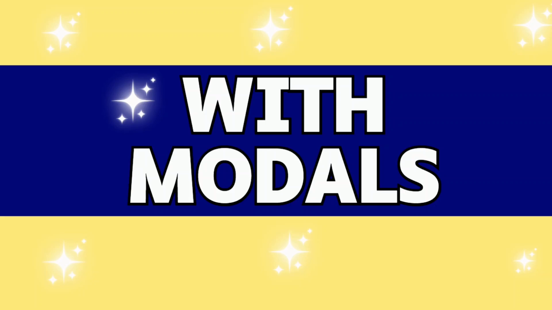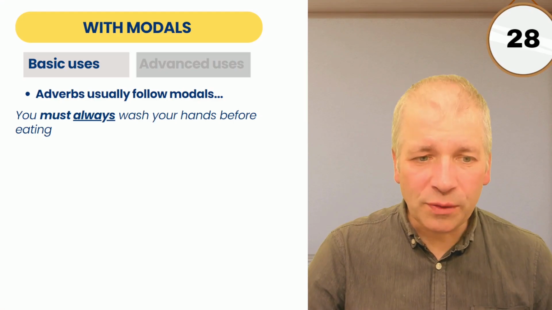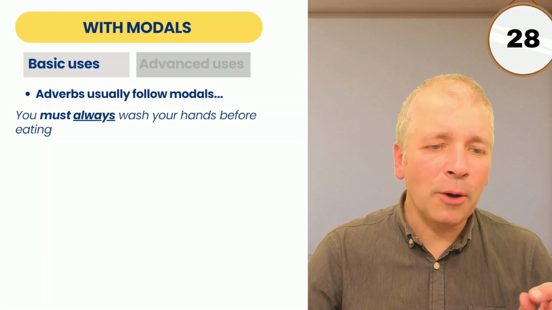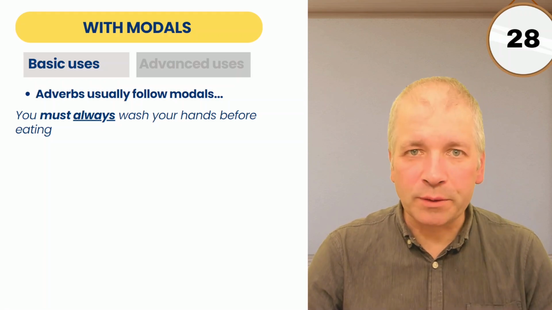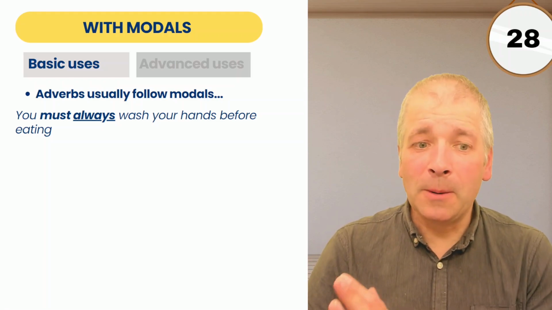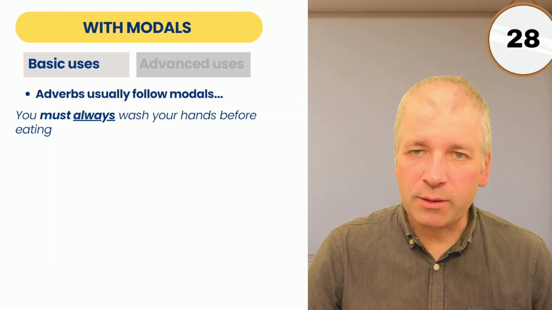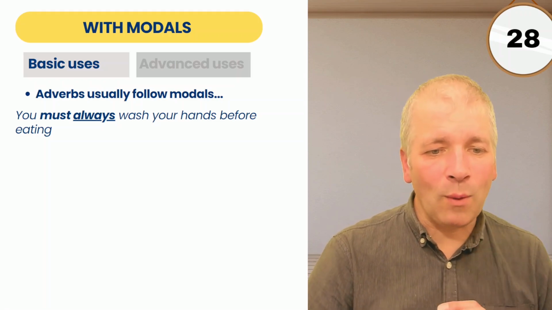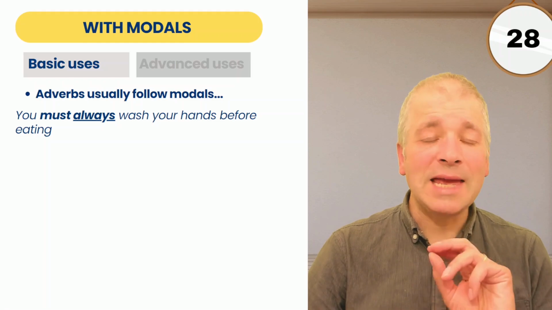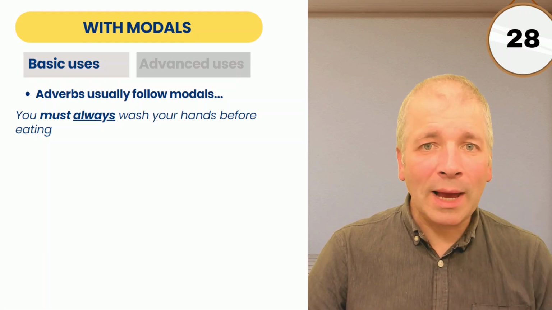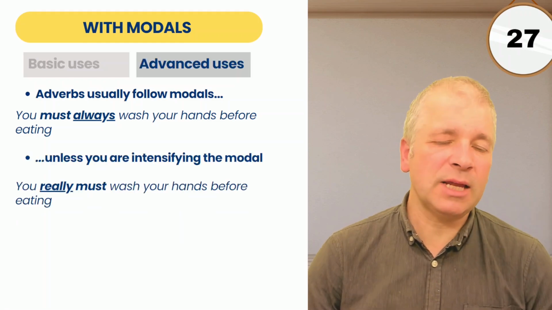Adverbs with modals. With modals, we normally put the adverb afterwards. So adverbs usually follow modals. Look at the example here. You must always wash your hands before eating. And that's the common way to do it. But here's an exception.